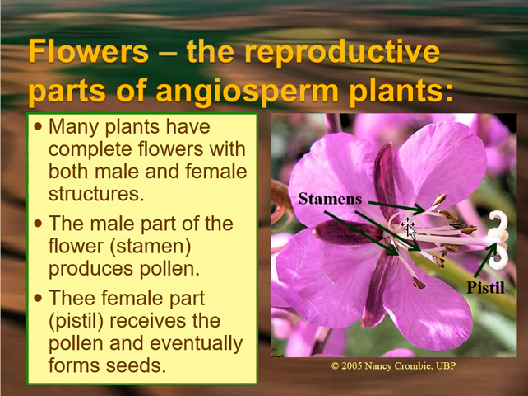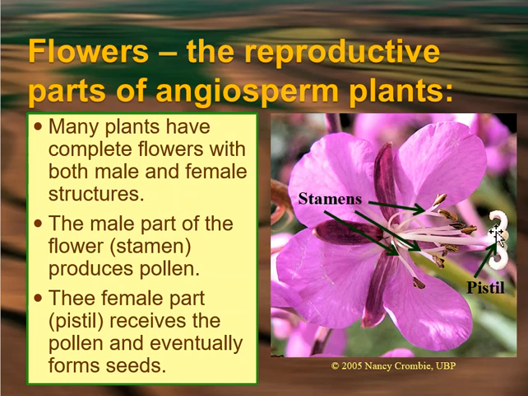You can further divide these parts to look at the reproductive parts of the stamen, but in general, this part right here is called the stamen. And then the female part is called the pistil, which is up here and receives the pollen, and that's what eventually forms the seeds.